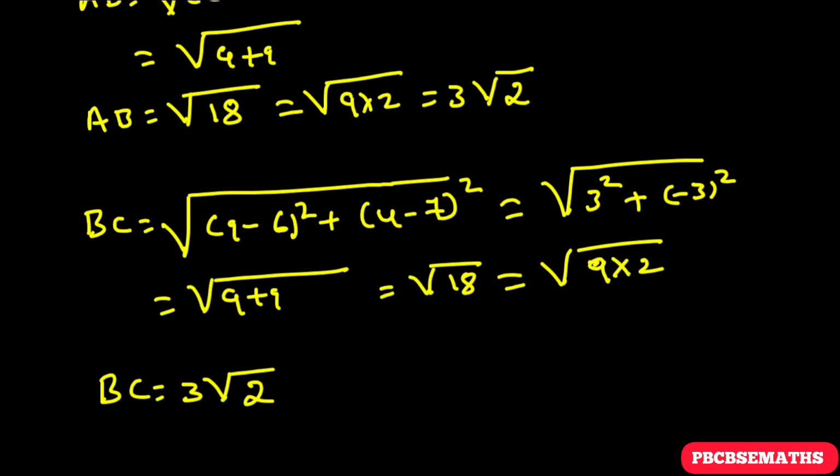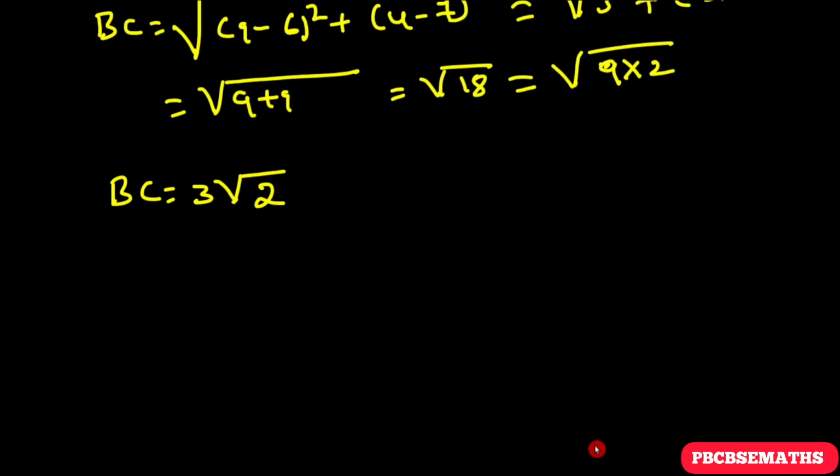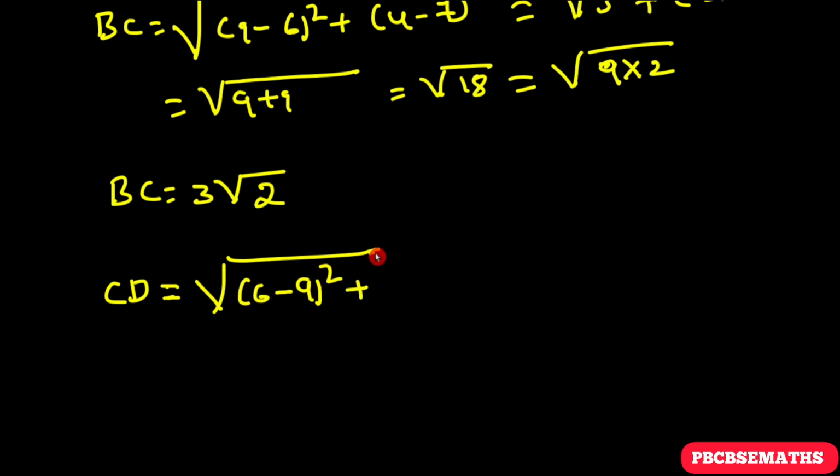Now let's find the value of CD. So CD is equal to, considering the coordinates of C as x1, y1 and D as x2, y2, (6 minus 9) whole square plus (1 minus 4) whole square.